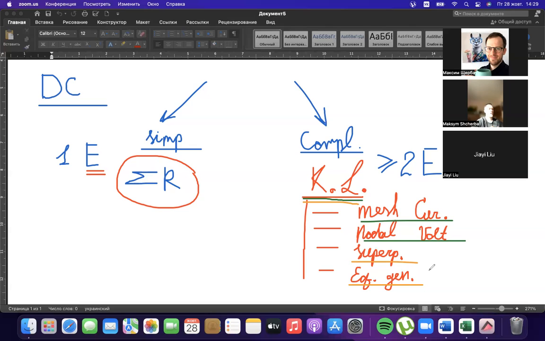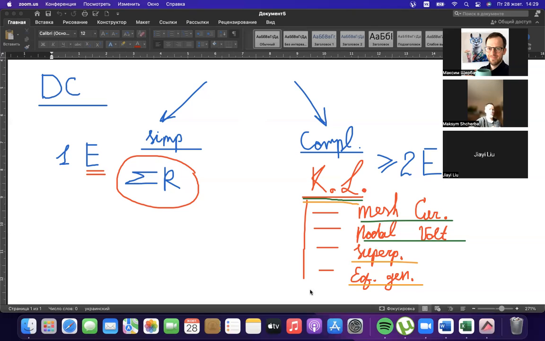And here is the total engineering apparatus, I think, of methods that we could use to deal with a system. When we have some task, we choose which method is the most useful, the most simple, and which method we need exactly, depending on the task.